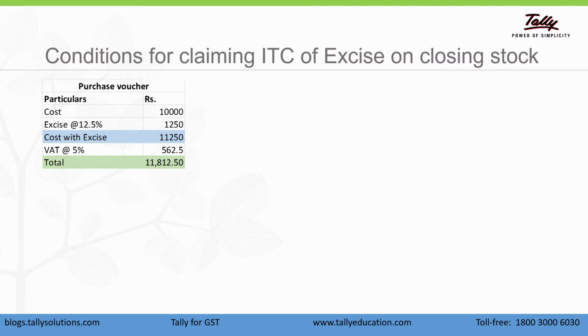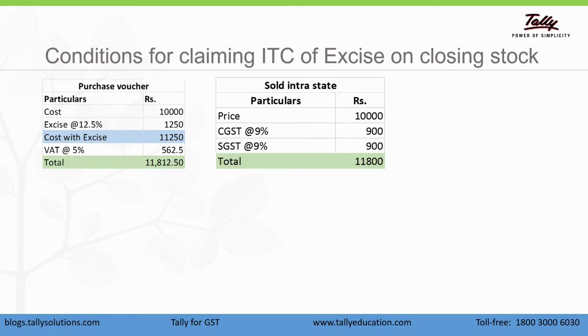Say that in the purchase voucher, this excise duty has not been shown. In that case, if the goods are supplied within the state, and let us assume that the dealer supplies the goods at the same price of 10,000 and CGST at 9% and SGST at 9% is levied. So here these goods are attracting 18% tax rate.